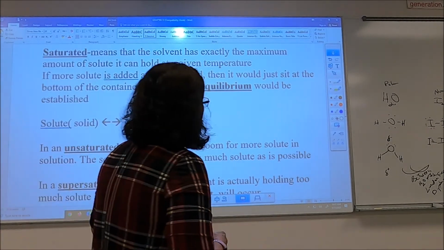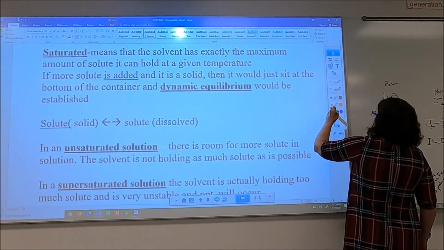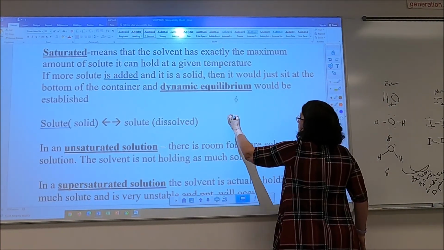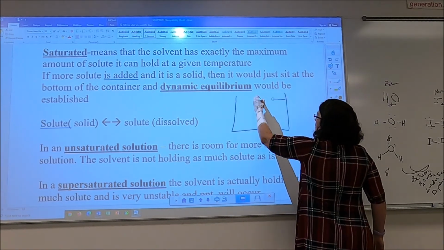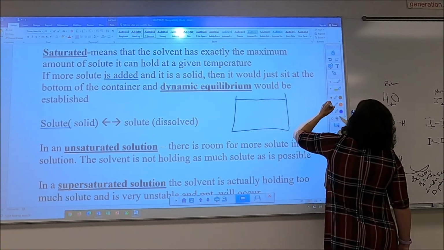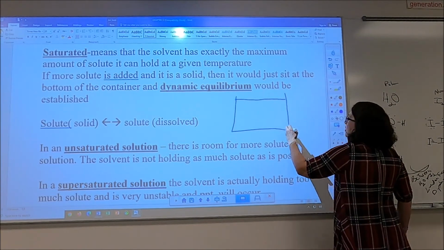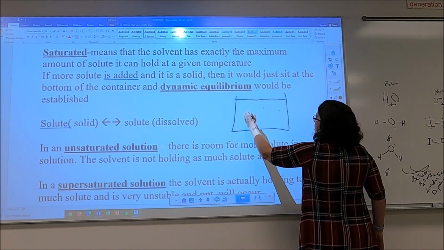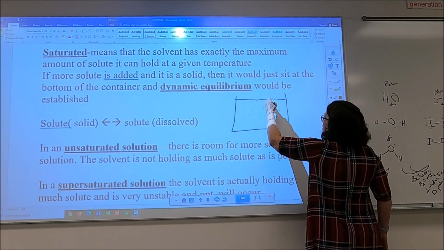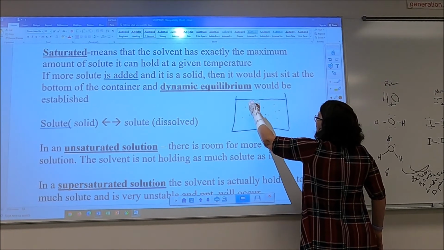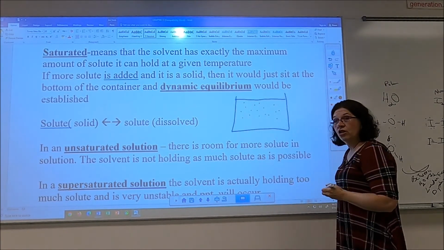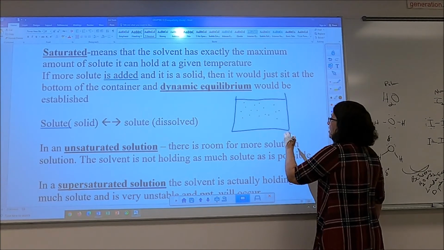Now, when we talk about dynamic equilibrium, my little black dots here are the solute dissolved in the solvent.